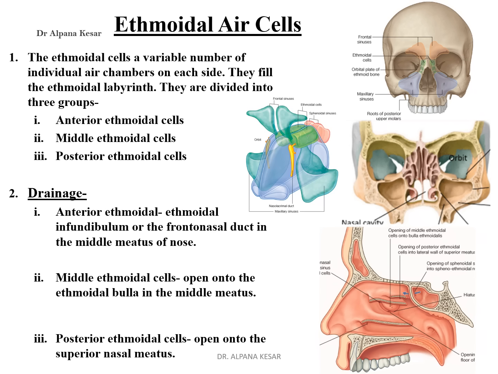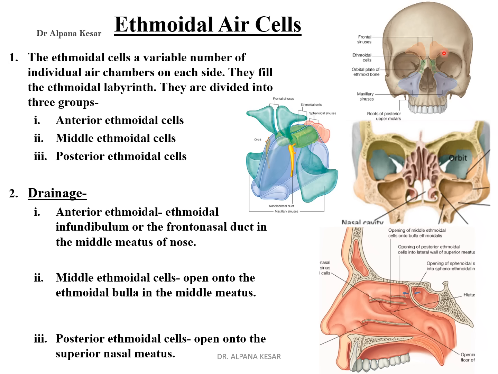Ethmoidal air cells. Ethmoidal air cells consist of a variable number of small air chambers or air cells on each side within the ethmoid bone. Maxillary air sinus consists of a single large cavity within the maxilla.